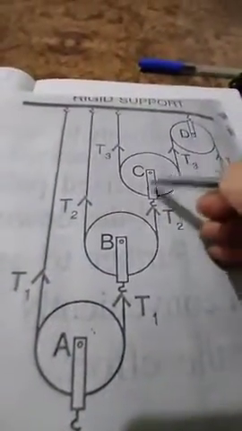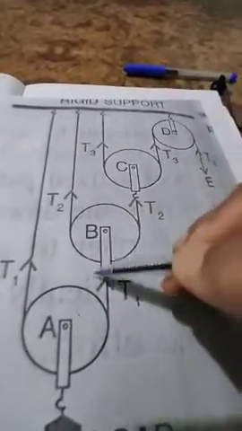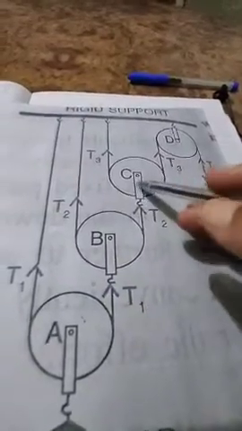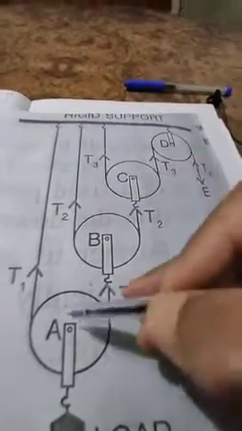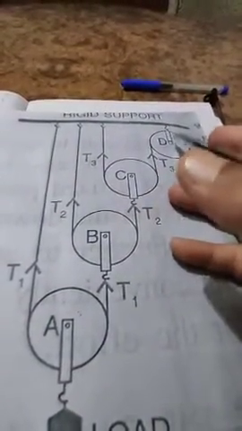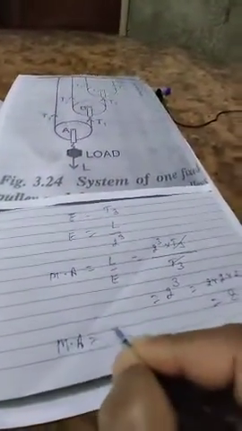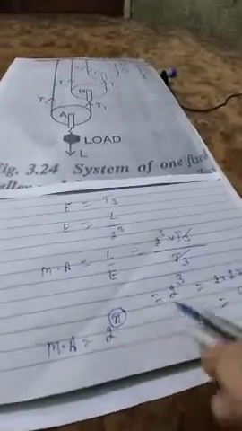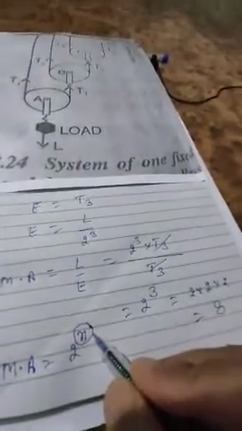It means that in a nutshell, if there are n number of movable pulleys, here we have taken 3 and now we are taking it as n, and if the number of pulleys is n with one fixed pulley, the mechanical advantage is equal to 2 raised to power n. What is n here? N here is the number of movable pulleys.